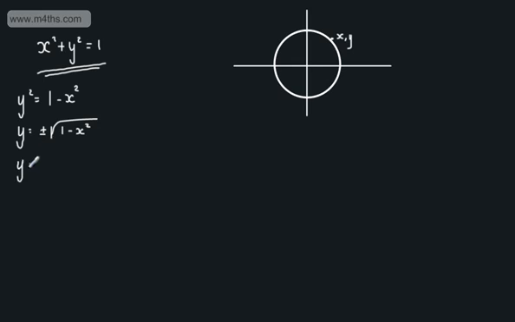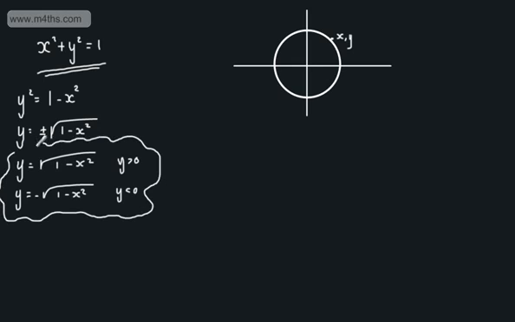We could say that y is equal to the positive root of 1 minus x squared when y is greater than 0, so we're above now the x-axis, and we could say that y is equal to minus the square root of 1 minus x squared when now y is going to be less than 0. So what we could have done is split this up. Now, as you can see, this is quite messy, and we haven't even defined this for when y is actually equal to 0.